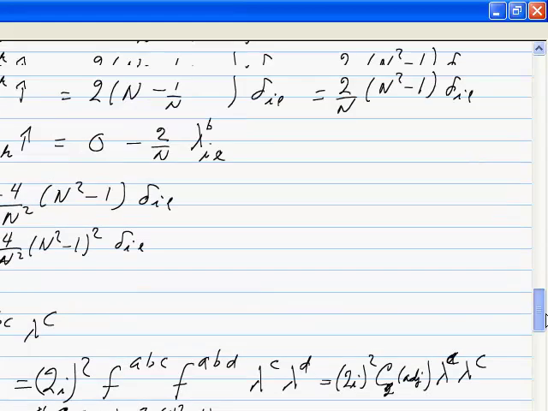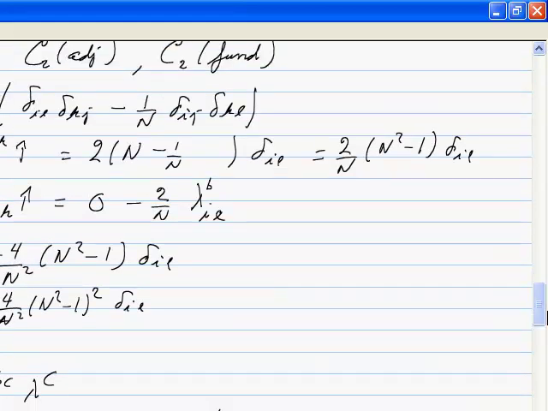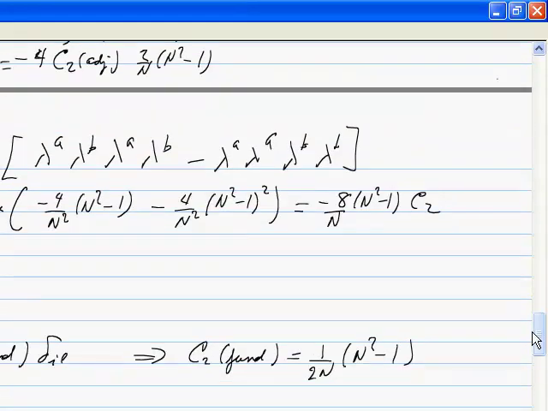It's really just the calculation that if you put in the right factors, that ends up working out. Okay.